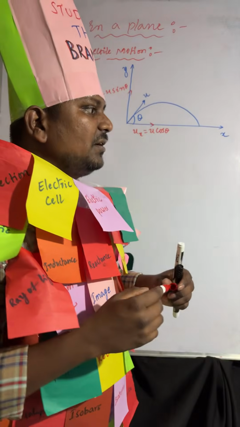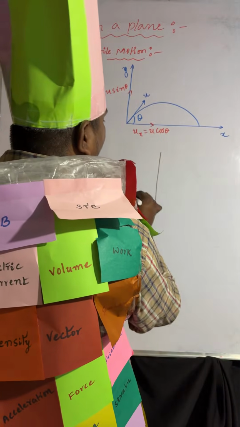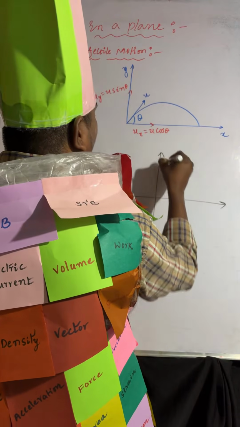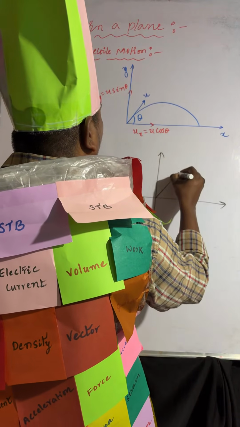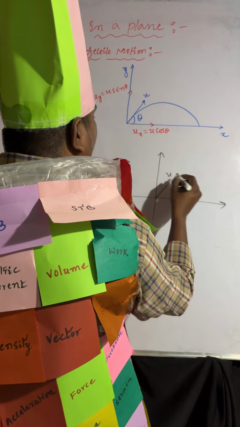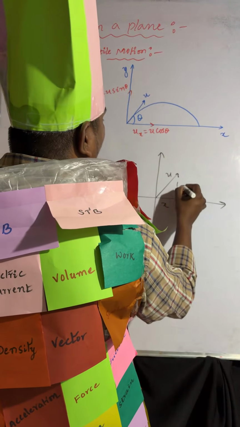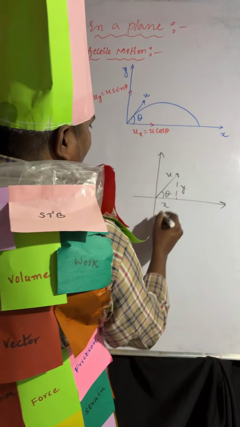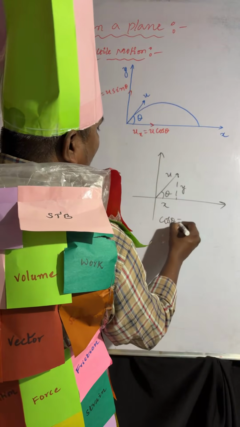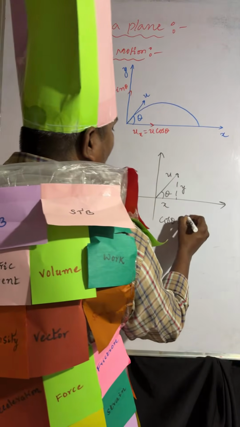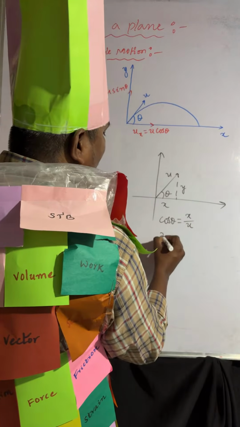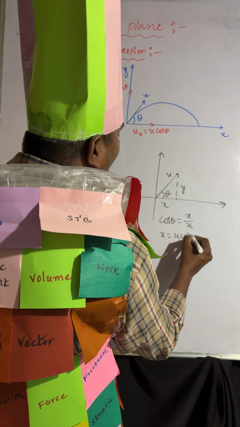I will resolve and show. Taking the velocity u, on the x-axis, with angle theta, cos theta is adjacent side by hypotenuse, x by u. So x equals u cos theta.